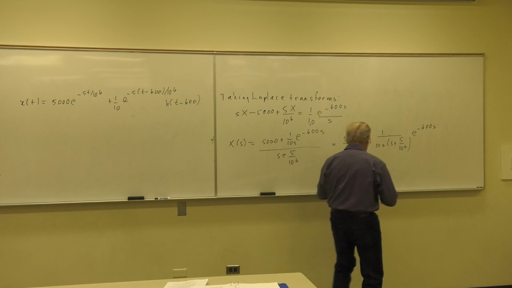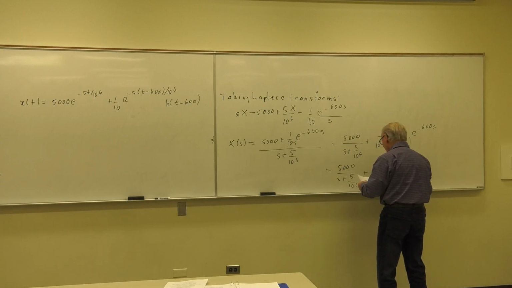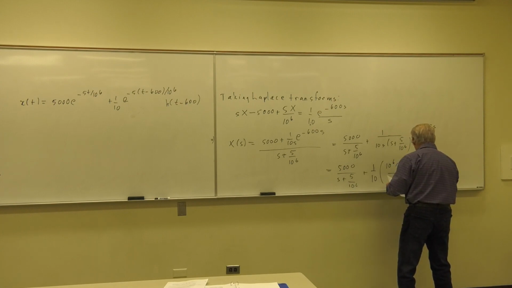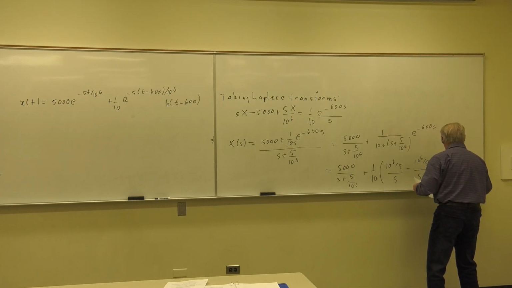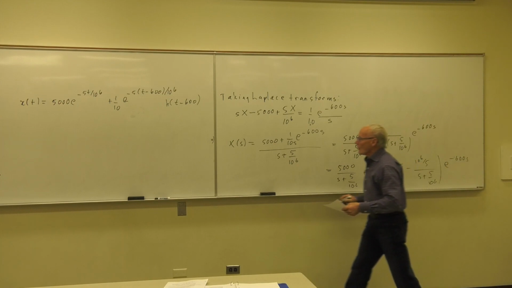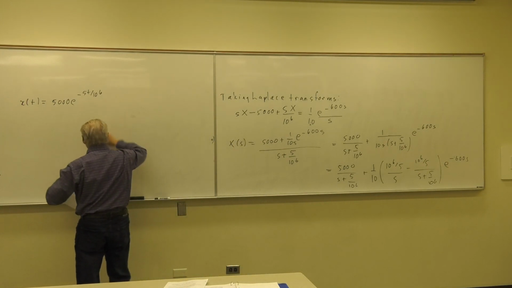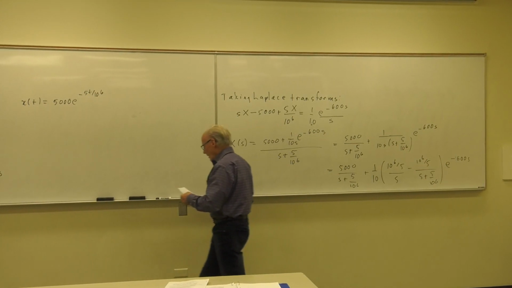All right, so partial fractions is 1 over 10, 10 to the 6th over 5 all over s, minus 10 to the 6th over 5 all over s plus 5 over 10 to the 6th, e to the minus 600s. So if we invert, and let's take this one off temporarily, we still got that one coming from this one, right?